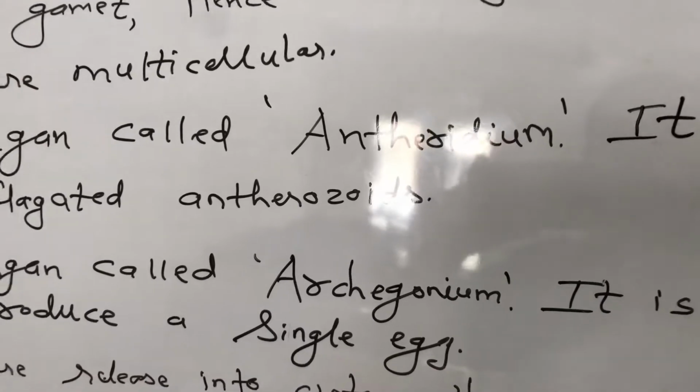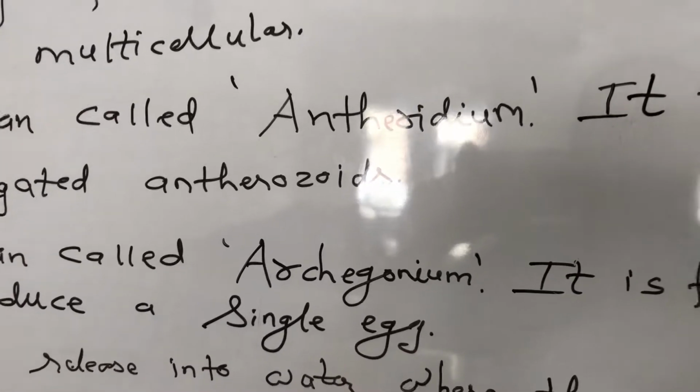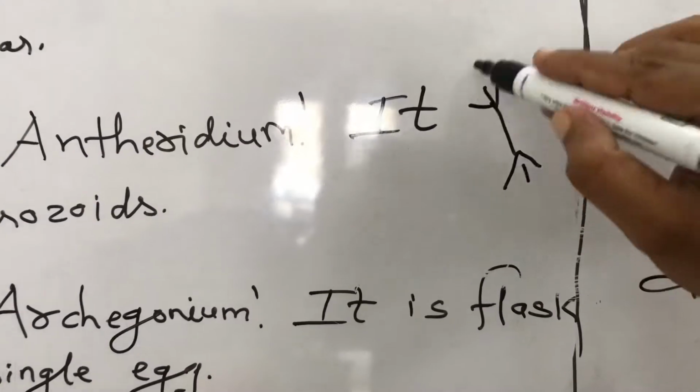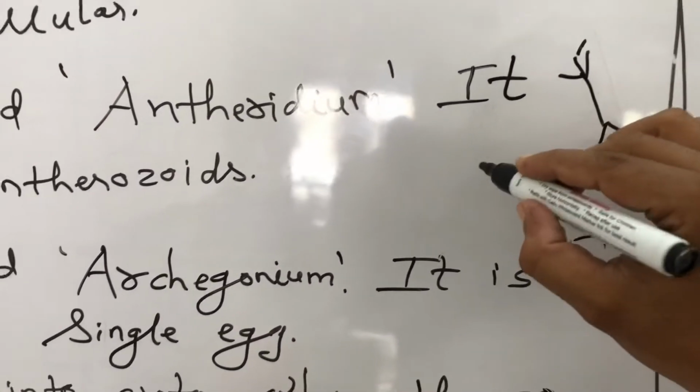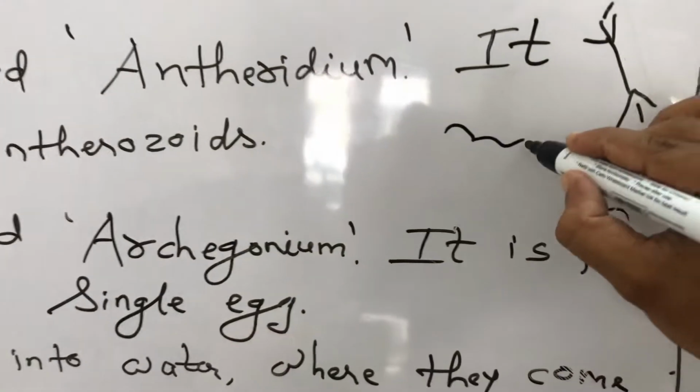Biflagellated means two flagella, 1 and 2. The flagella will be there, so whatever it produces will move here and there.